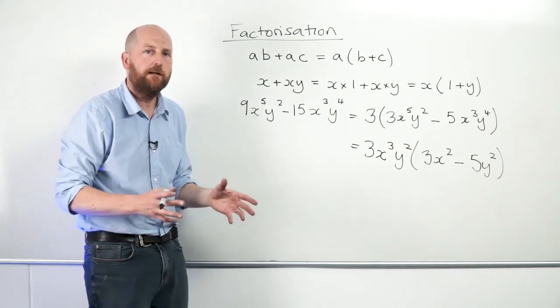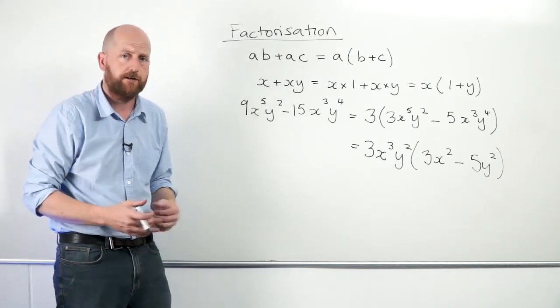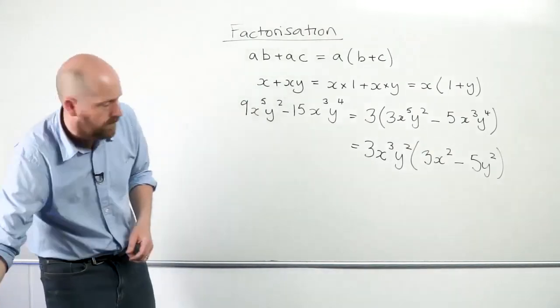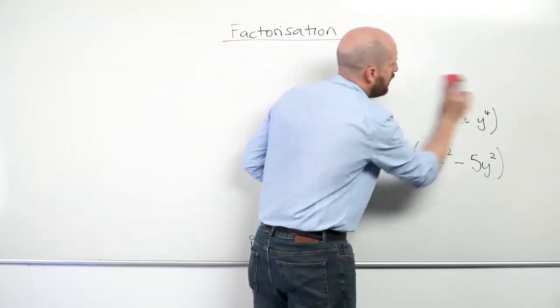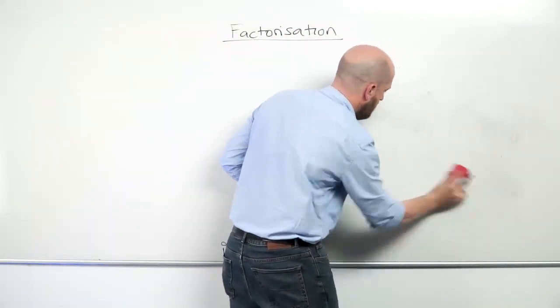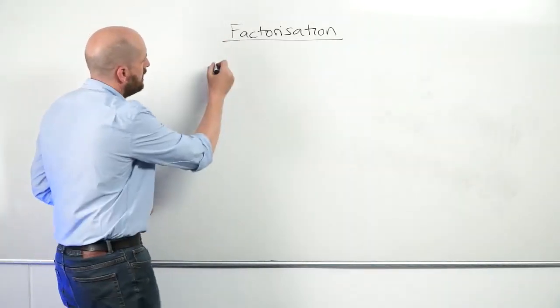There are two other rules that are very useful in factorising. These are very tricky to do, but they are spotting a complete square and understanding the difference of squares.